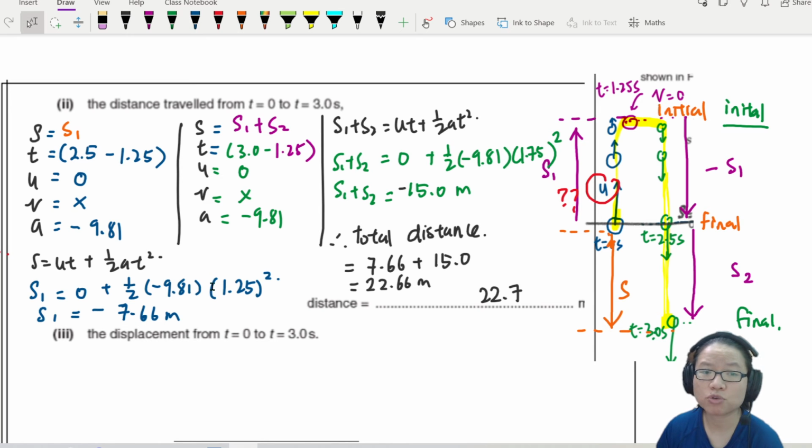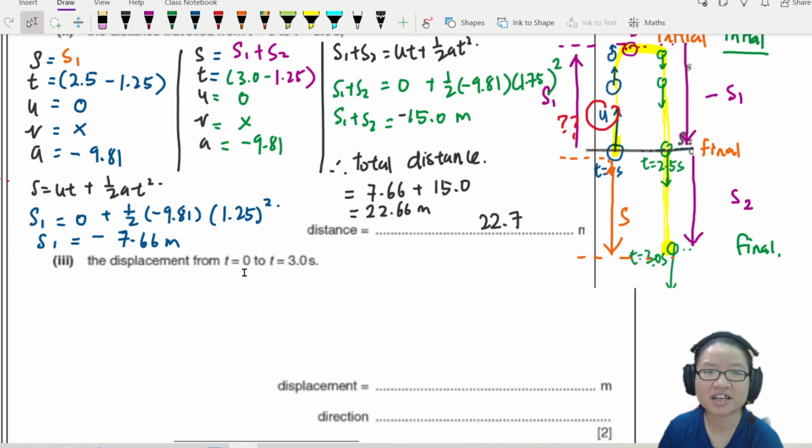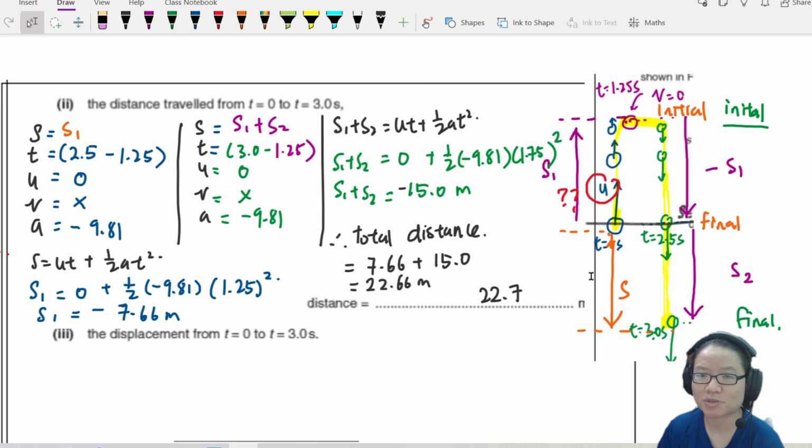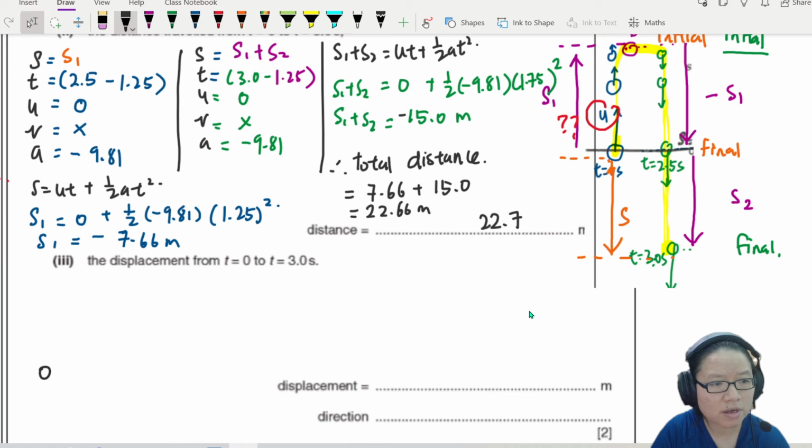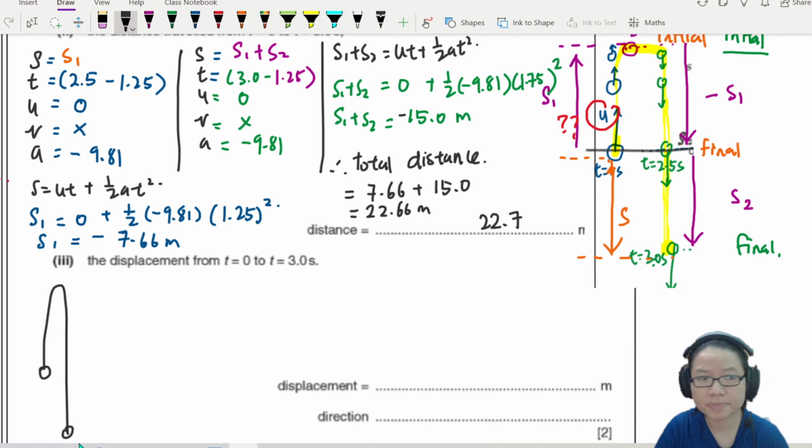All right, so this is the equation. Now they want you to find the displacement. If I want to find displacement, what should I do? I already have all these numbers, right? Let me draw this again. It's a bit messy. Your ball is going to travel up, down like this. What we know is here to here is 7.66.